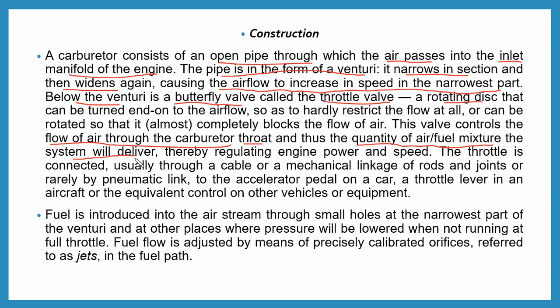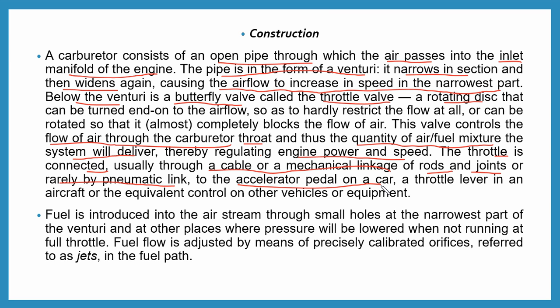Thereby it regulates the power and the speed. The throttle is usually connected through a cable or a mechanical linkage of rods and joints, and rarely by a pneumatic link, to the accelerator pedal of a car or a vehicle.